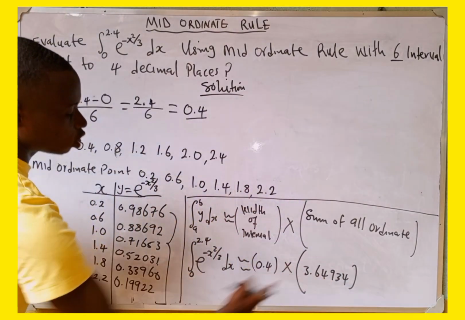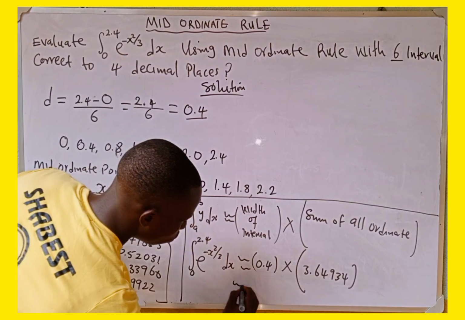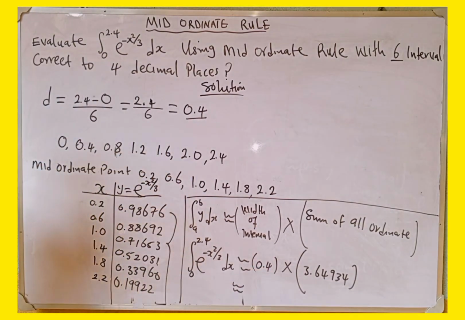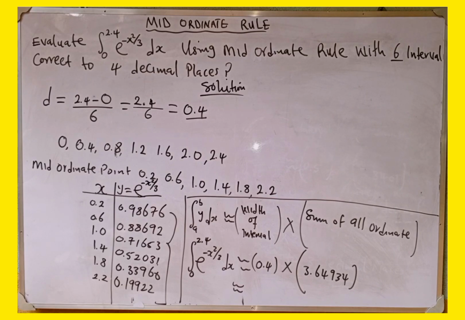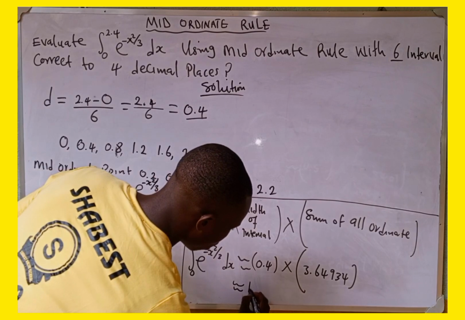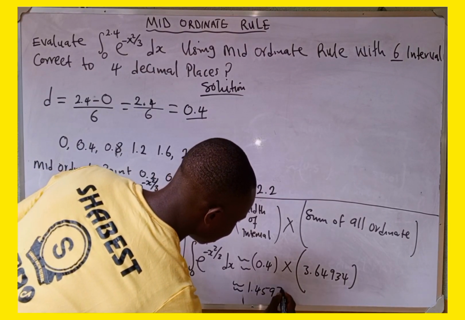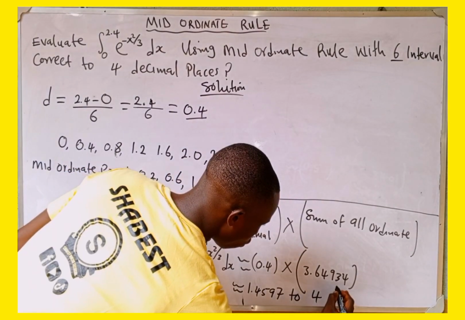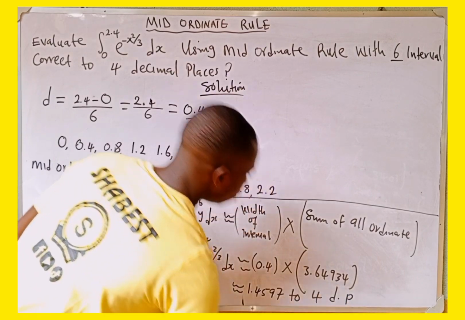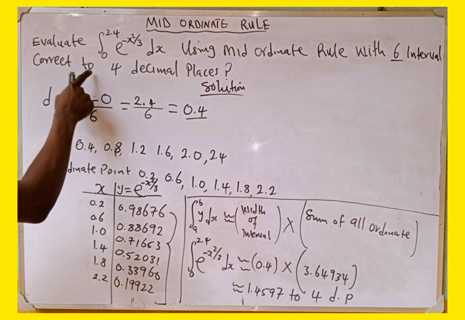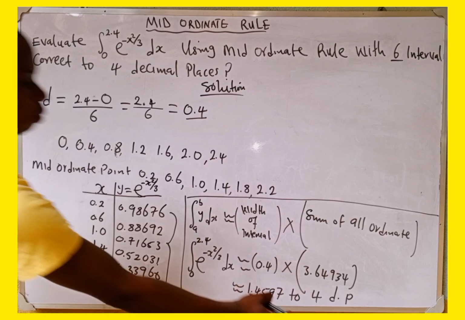So the next thing is to multiply them together. It's going to be approximately 0.4 multiplied by 3.64934, which gives us 1.4597, to 4 decimal places, because the question says we should correct our answer to 4 decimal places.